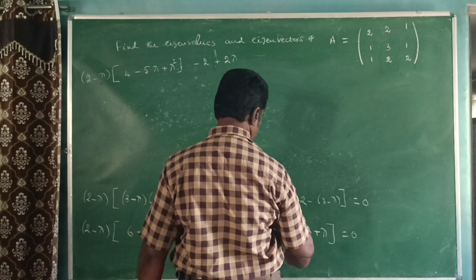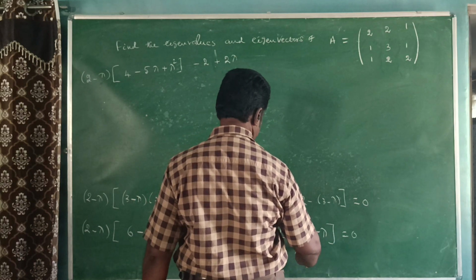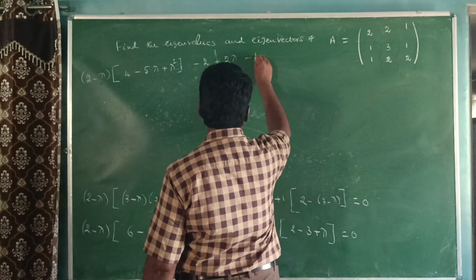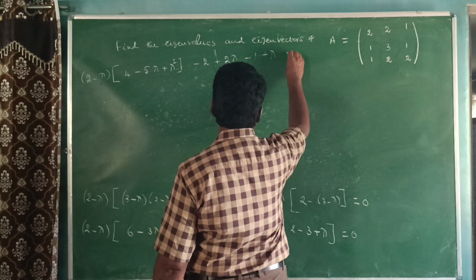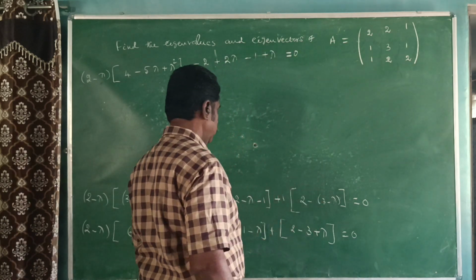Here 2 minus 3, that is minus 1, so minus 1 plus lambda equal to 0.